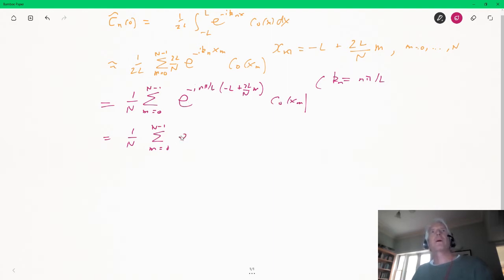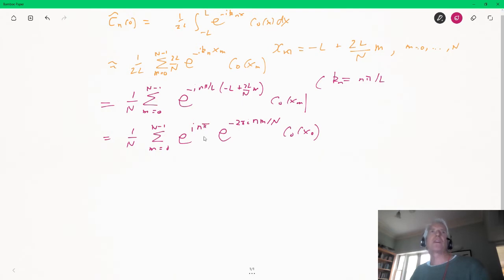So what happens here, we get e to the i n pi, and we get e to the power of minus 2 pi i n m over n, which is almost identical to, with the 1 over n, the inverse Fourier transform formula, minus this term here.